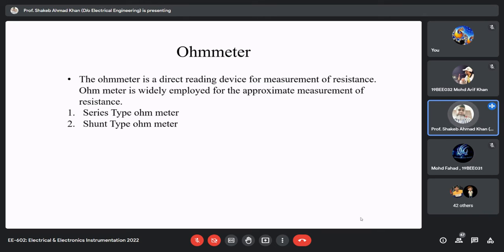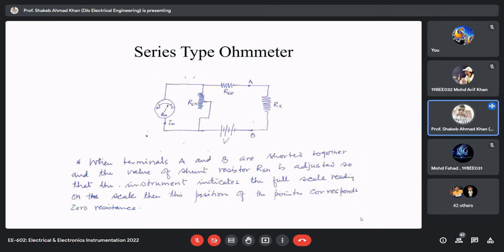So wherever approximate resistance measurement is required, you can use an ohmmeter, and even a non-technical person can use it. So we have mainly two types of ohmmeter: series type ohmmeter and shunt type ohmmeter. Now this is a series type ohmmeter.